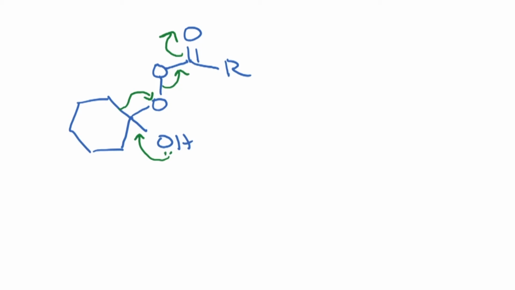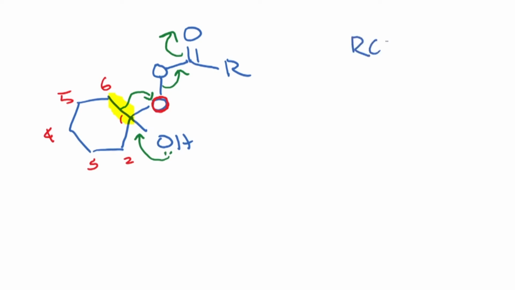Let me color this oxygen in red, and then we'll number the carbons. This is 1, 2, 3, 4, 5, and 6. In this reaction, the bond between carbon 6 and carbon 1 is breaking, and you have a new bond between carbon 6 and oxygen, and the loss of carboxylate.